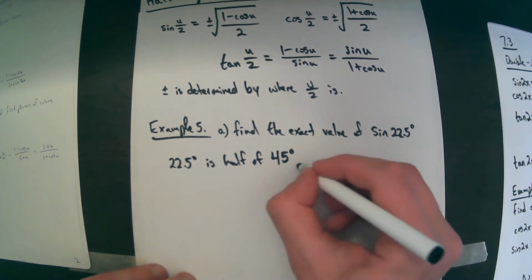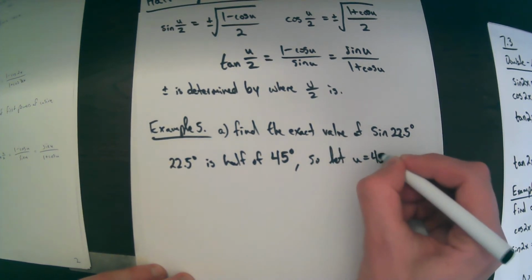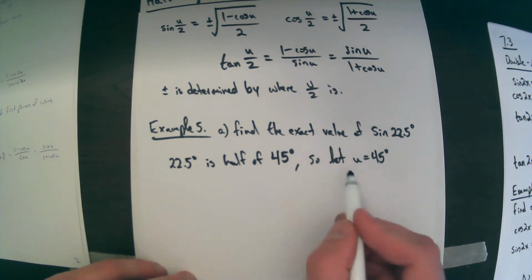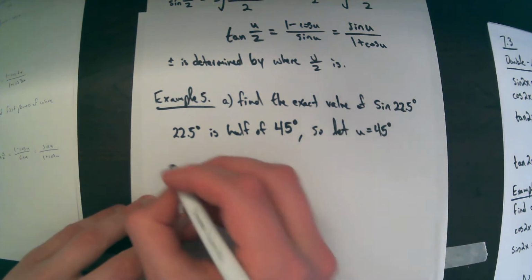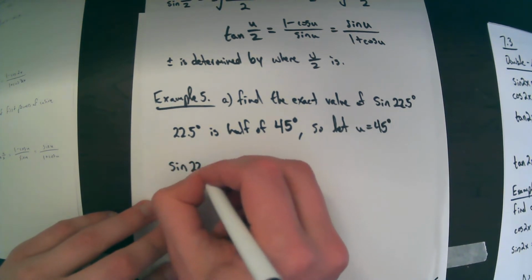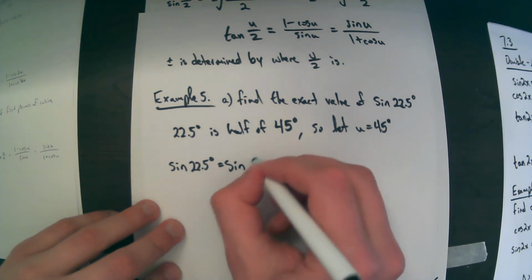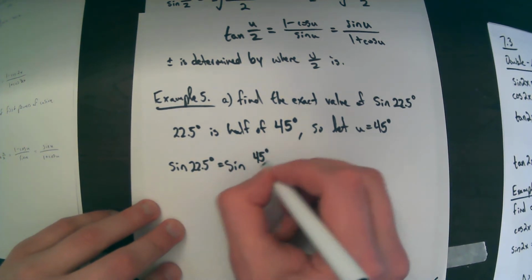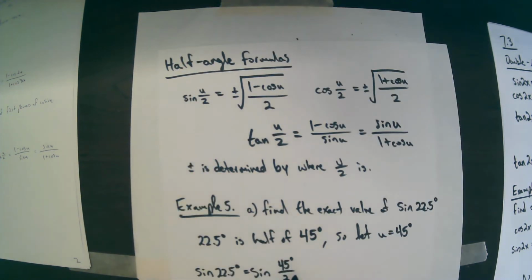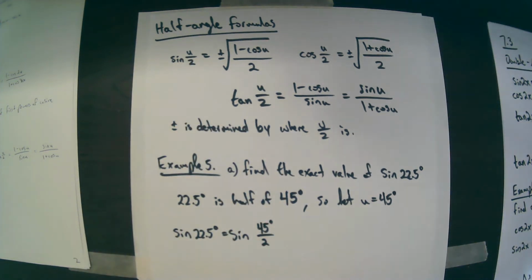So let u equal 45 degrees. You let u equal the special angle, the actual angle that you know about. And then you're saying sine of 22.5 degrees is equal to sine of 45 degrees over 2. So there's the setup. u is now 45 degrees.